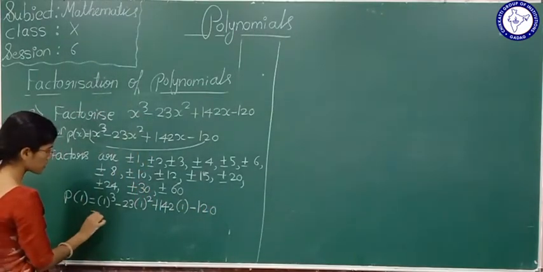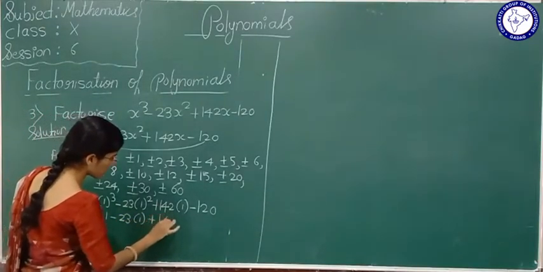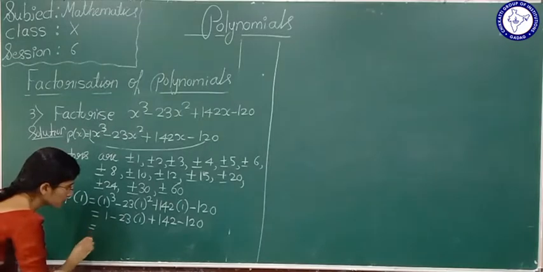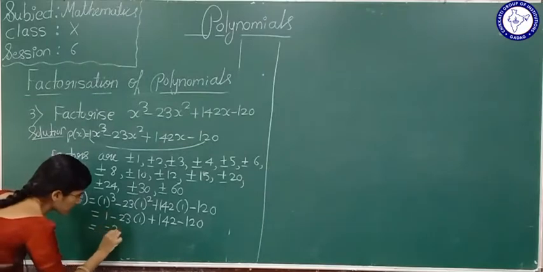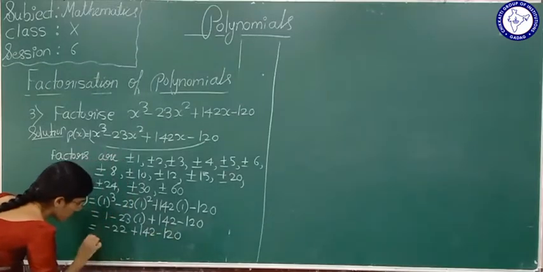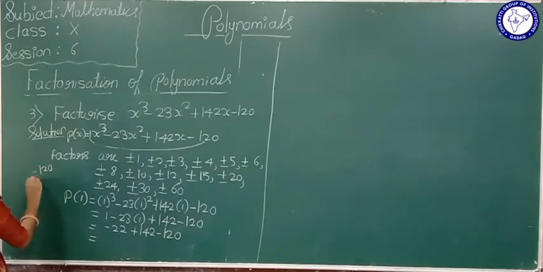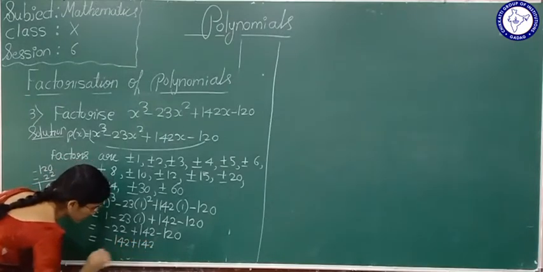Now solve this: 1 minus 23 plus 142 minus 120. 1 minus 23 is minus 22, plus 142, minus 120. So minus 120 and minus 22 will be minus 142. Minus 142 plus 142 is going to be 0.